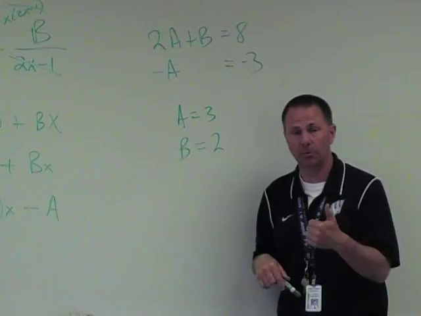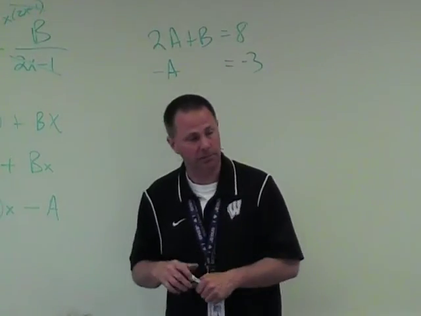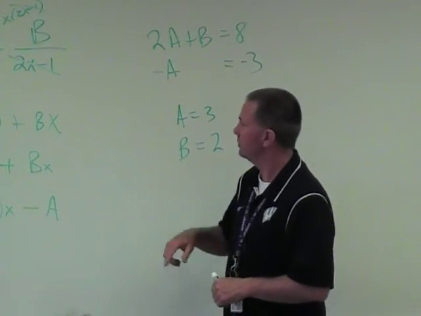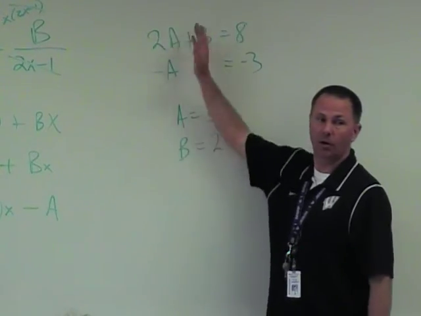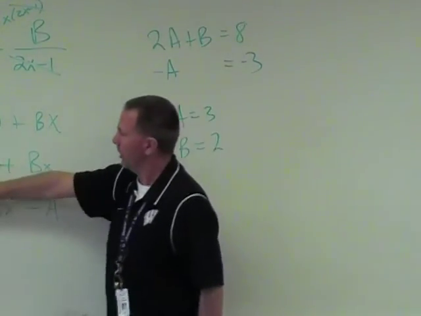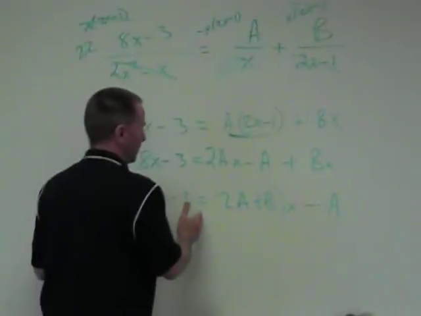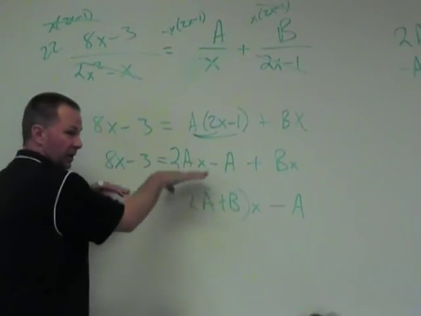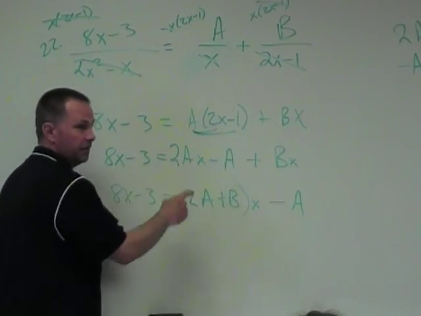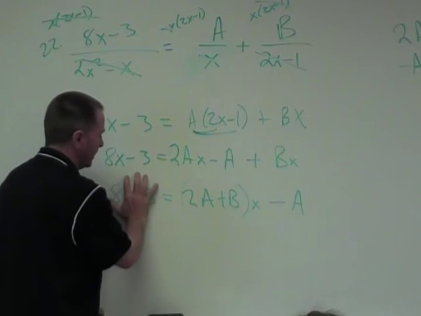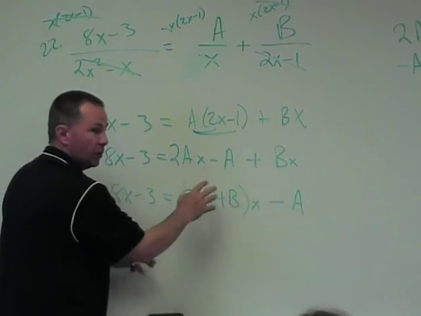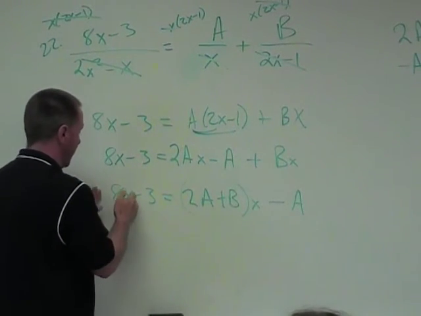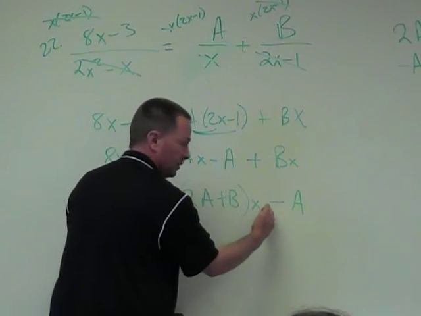But you want to see one more? Wait, can you do that again, how you got that? Which part? All of this up here? Yeah, from there. Okay, so this side is equal to this side. So all the positions have to be equal. So 8x has to equal this.